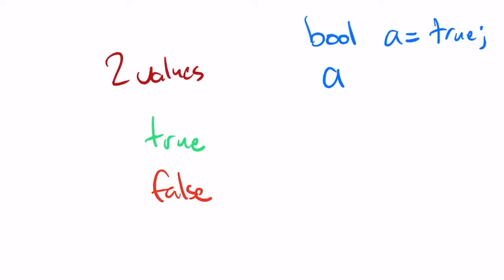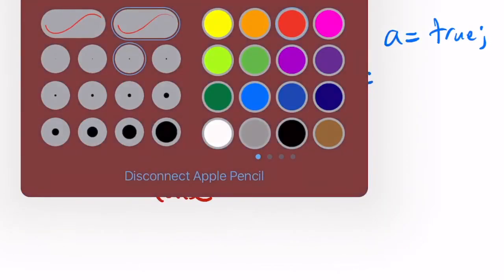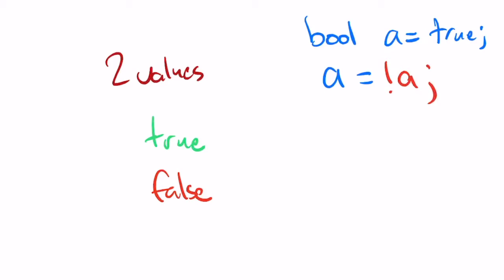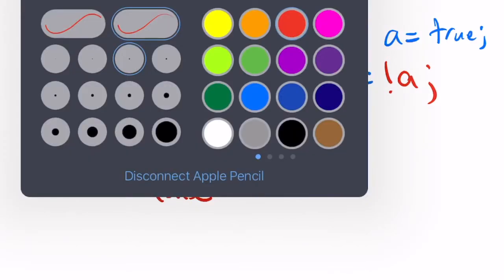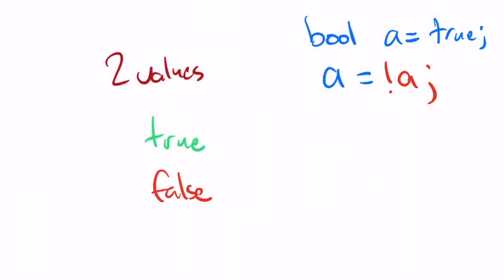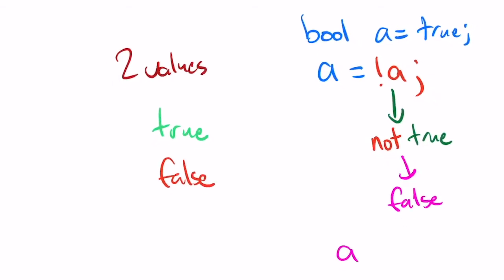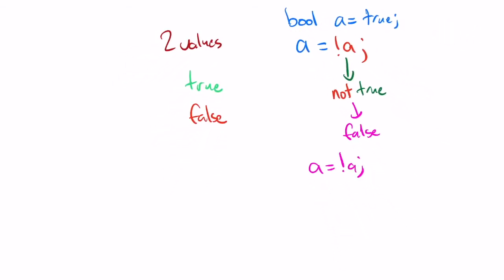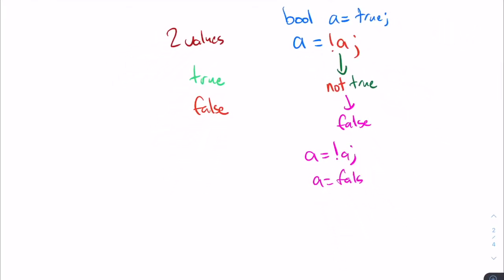If we do A is equal to not A, what this actually does is it sets it to the other value. A currently is true, and then if you do not A, not true is false. So A is equal to not A would set A to false.